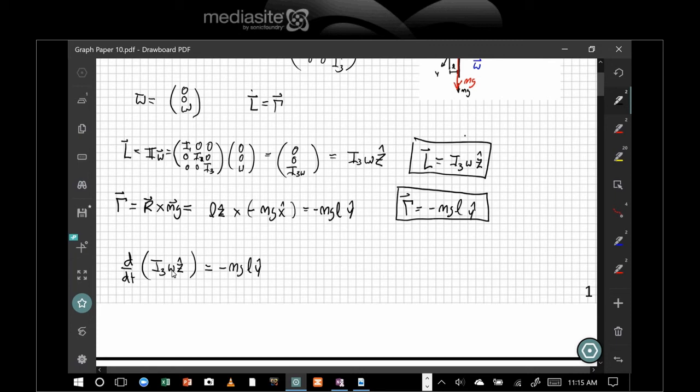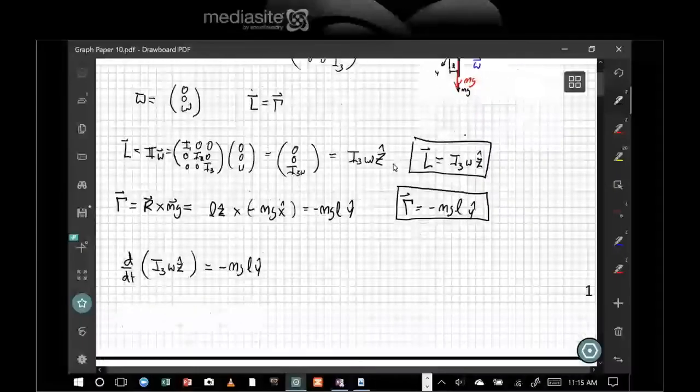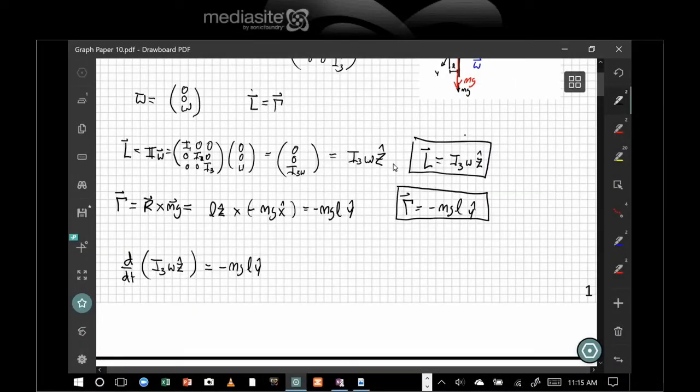So something's got to change. So it has to be the z hat direction. I guess when I said it was fixed, it wasn't technically correct, but anyhow, that's just a typo. So what I have here is I3 omega times the rate of change of z hat equals MgL y hat.